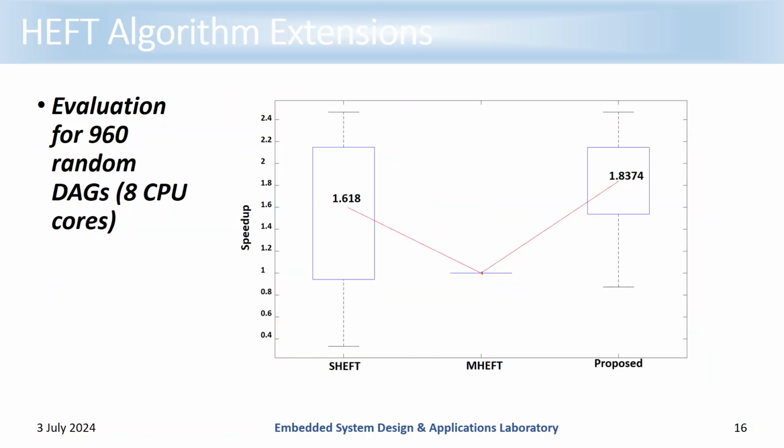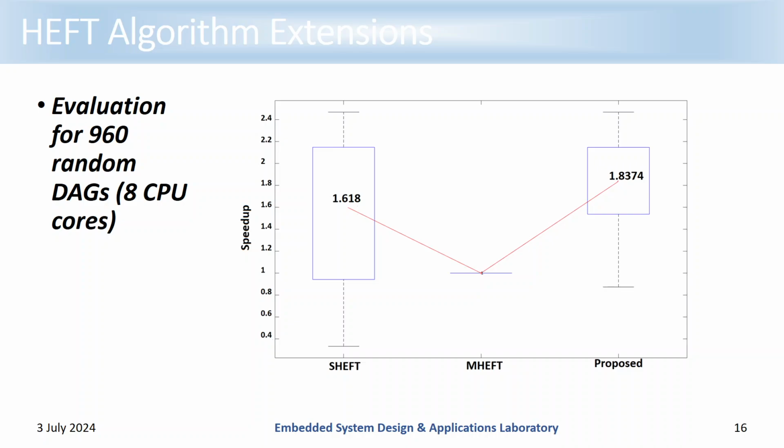The results are illustrated using box plots in MATLAB. On each box, the central line indicates the median value, the displayed value shows the mean, and the bottom and top edges of the box indicate the 25th and the 75th percentiles, respectively. The three methods are evaluated using 960 random DAGs and 8 CPU cores.